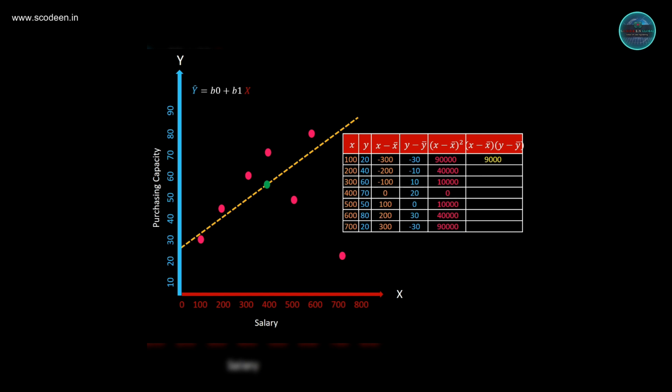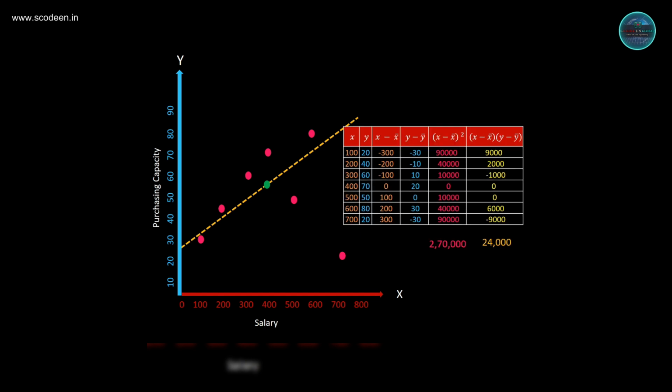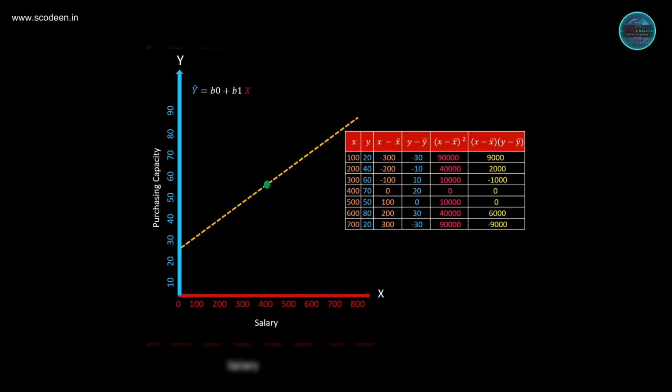We can use the same method for each and every row. So all the columns and their calculations are completed in this table. Now we'll calculate the sum of x minus x bar whole square, that is 270,000. It is represented as the summation of x minus x bar whole square. By the same process, the summation of x minus x bar into y minus y bar is 24,000.